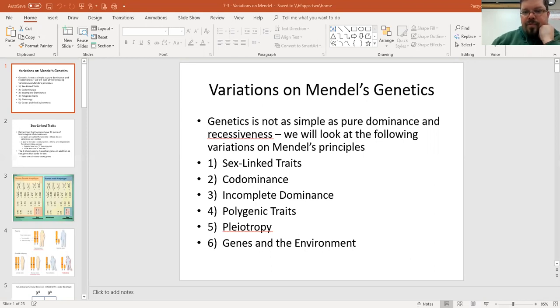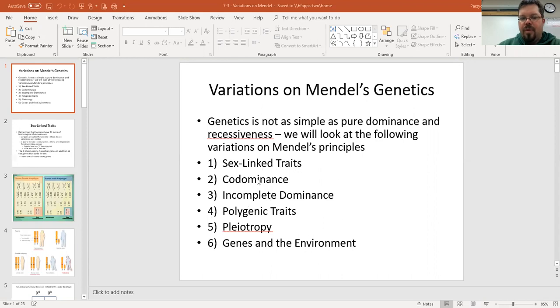The whole fact was that you needed just one copy of the dominant allele in order for the dominant form of that trait to appear within the offspring. Now, in some variations on this, it's not quite that simple.